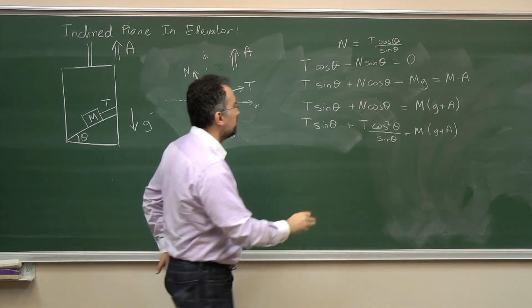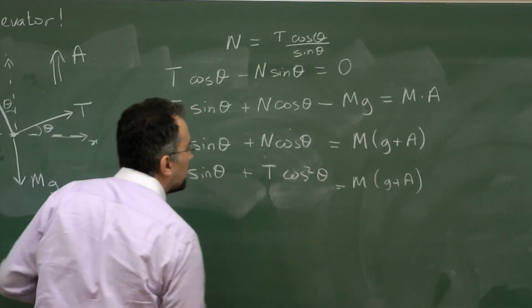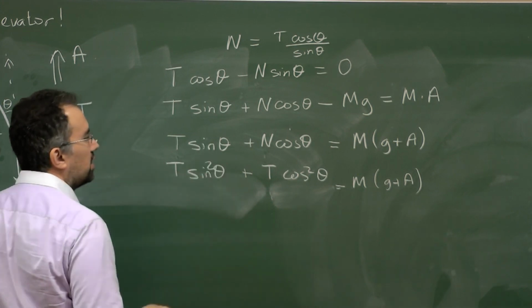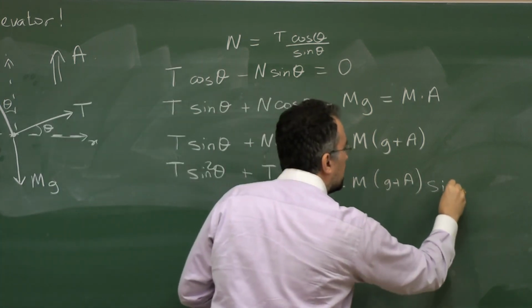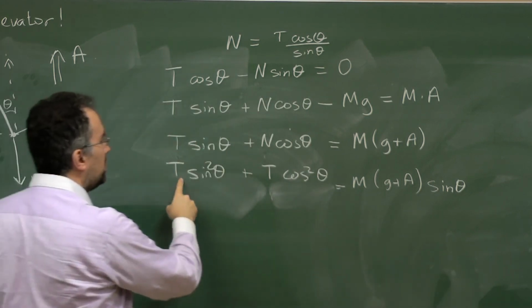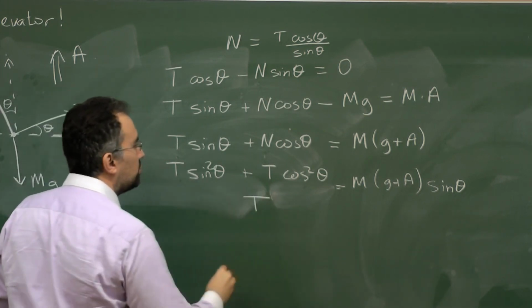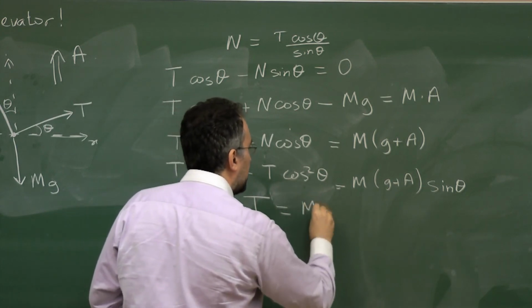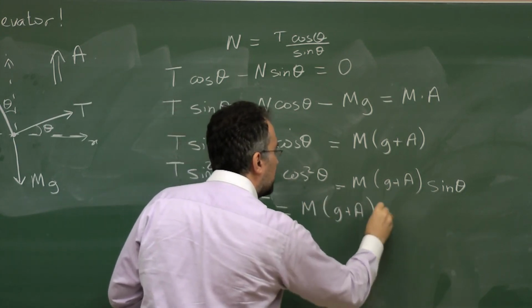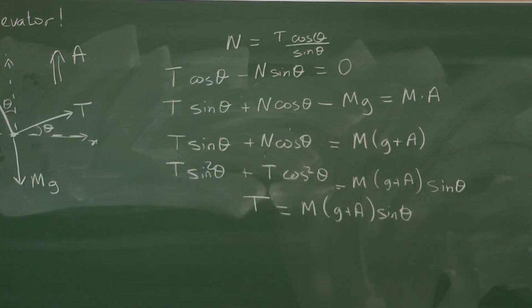If I multiply through with sine theta, this becomes sine squared theta, and I get a sine theta on the right there. So I have T times sine squared plus cosine squared, which is just 1. So this reduces to T equals m times g plus a over sine theta, which yields the exact same result as the one we got using a ghost force.